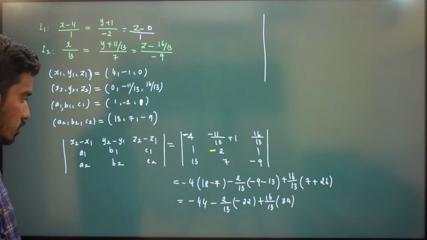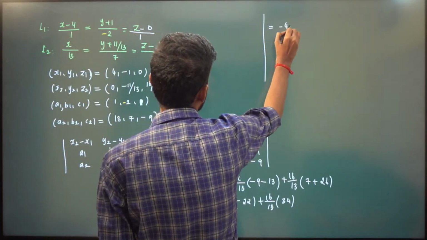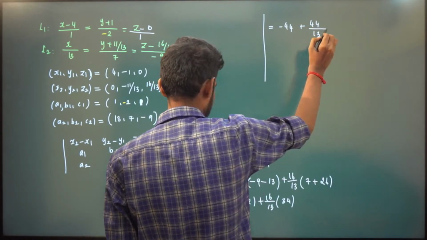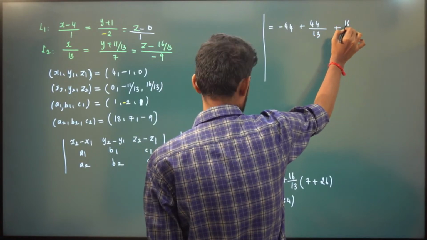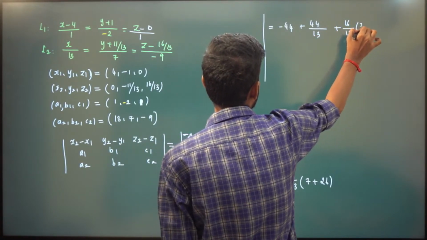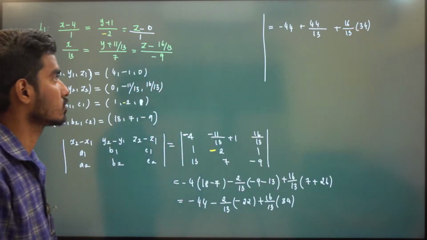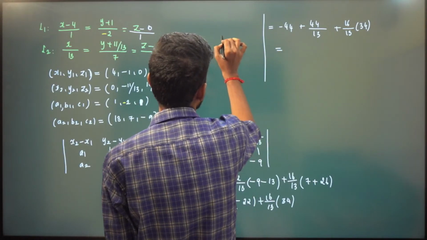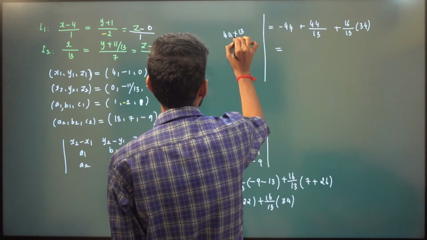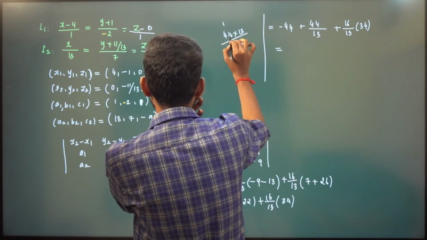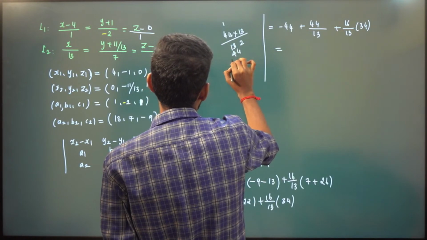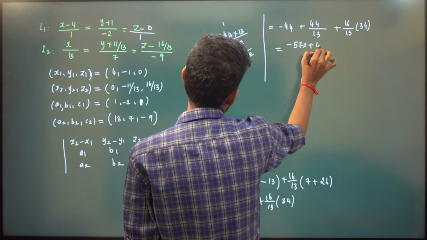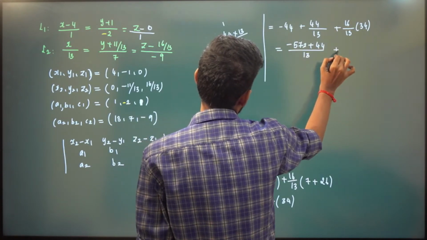Right? So we will have minus 44 plus 44 by 13 plus 16 by 13 into 34. So this will be 44 into 13. 3 fours are 12. Will be minus 572 plus 44 divided by 13.